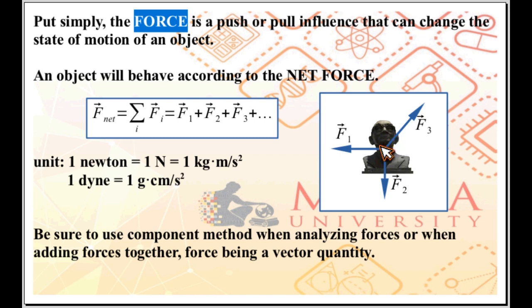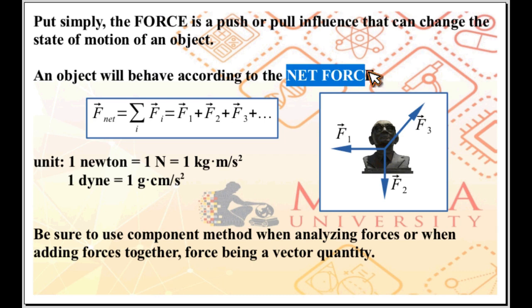There may be more than one force applied on an object. The object will behave according to the net force. Net force is the summation of all the forces acting on the object. For instance, in this figure, you have an object, a box, and three forces are applied on the object.